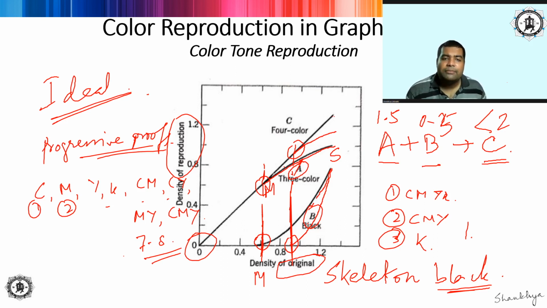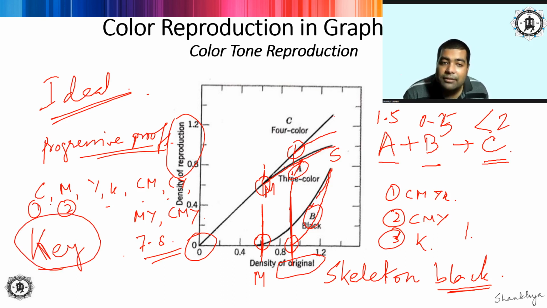So I have heard people say that if black would have been written as B, it would have been confused as blue, but it is not such. The reason black is referred to as K is because it is a key color in print reproduction. Why is it a key color? Because it determines the overall contrast of the image. How so?